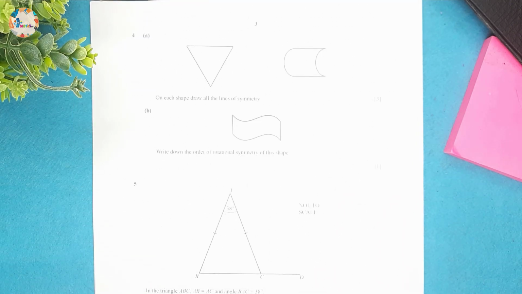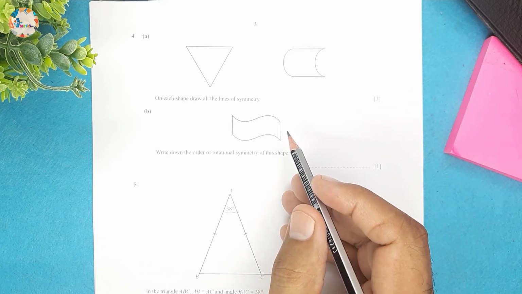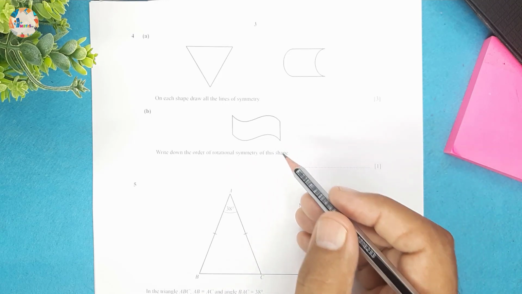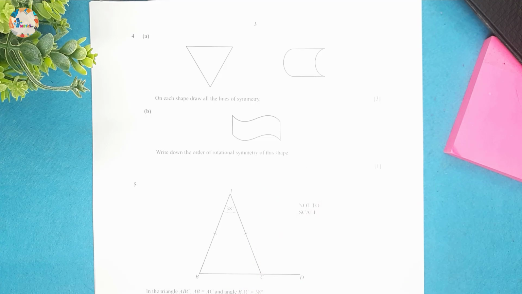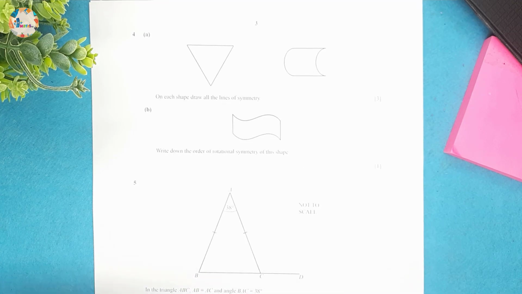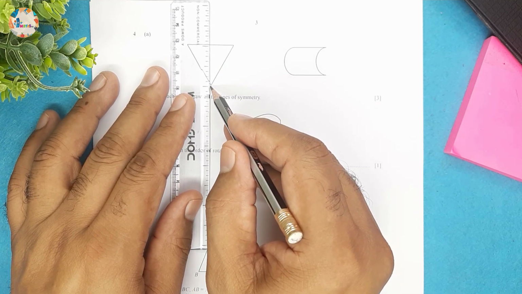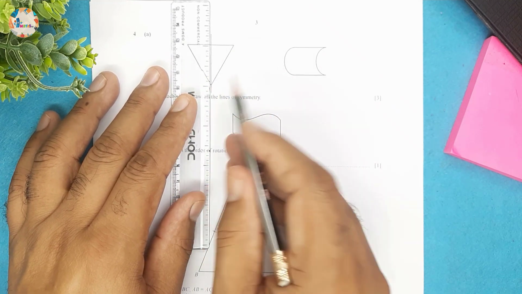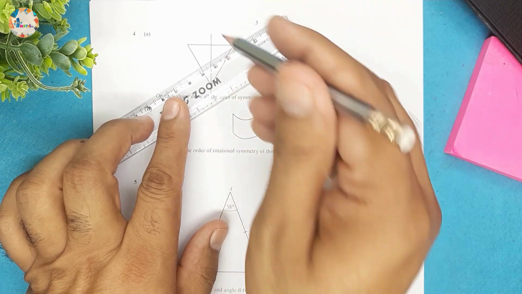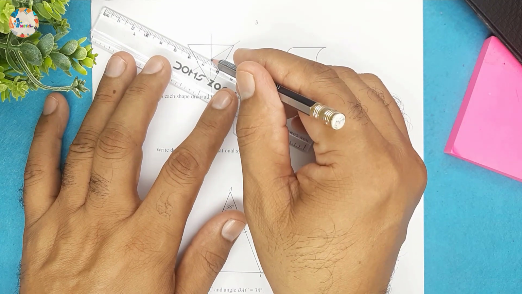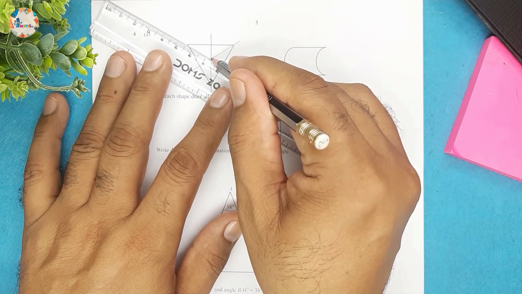Question number 4. Three diagrams are provided. On each shape draw all the lines of symmetry. The first diagram is a triangle, and the line of symmetry can be this one, or this one also, and this one as well.